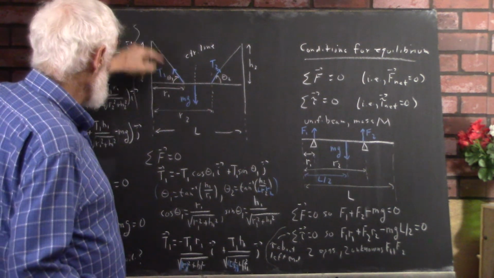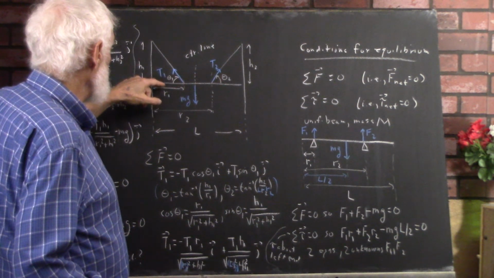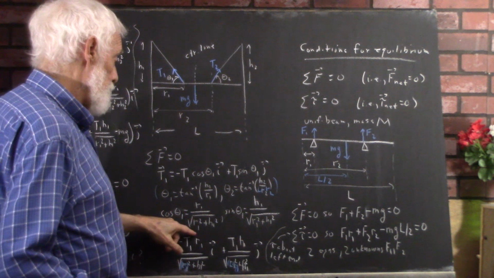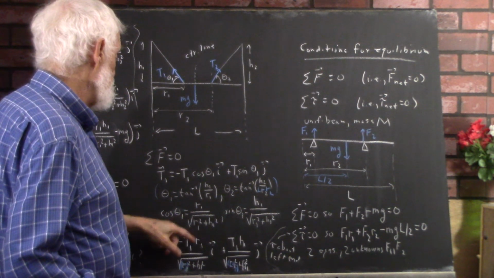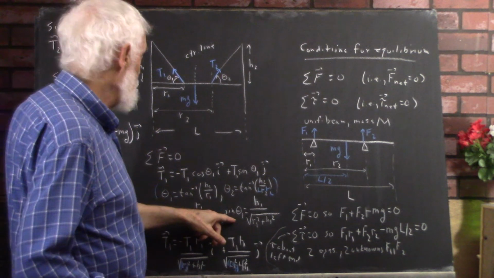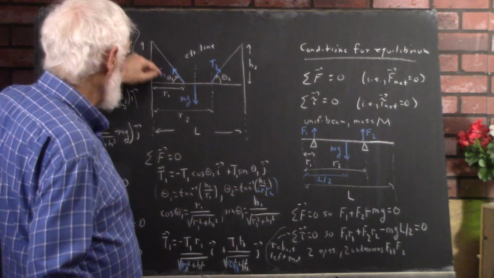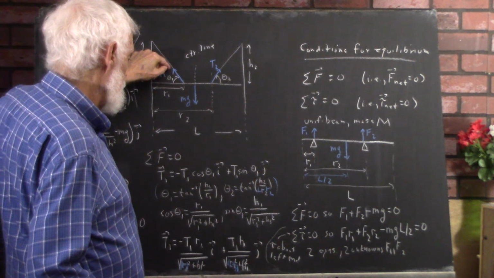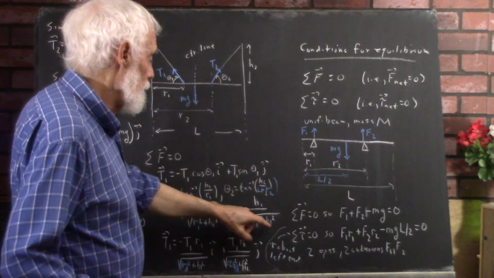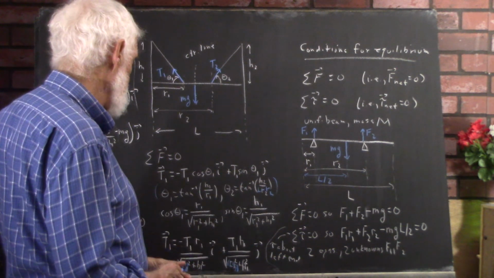The hypotenuse is the square root of r1 squared plus h1 squared. So there we have it. Okay, and the sine of θ1 is just this side over the hypotenuse, h1 over the square root of r1 squared plus h1 squared.